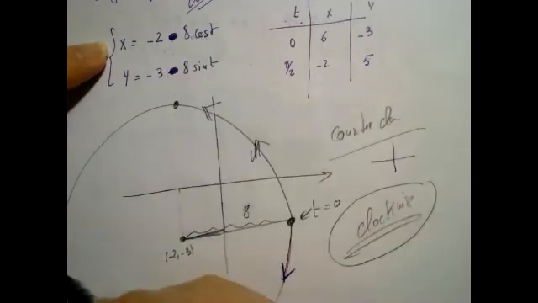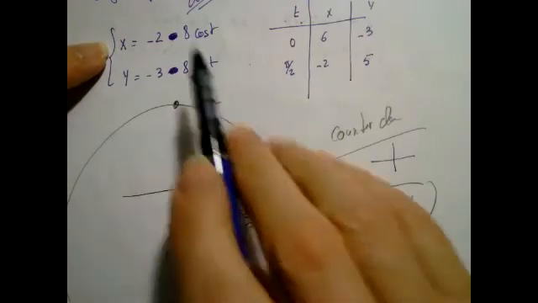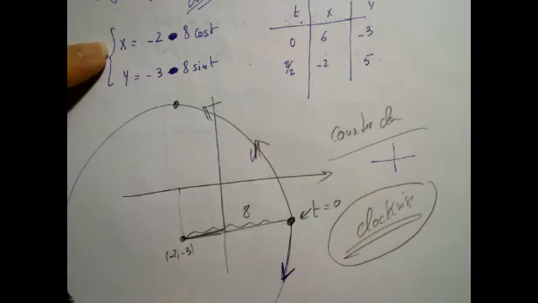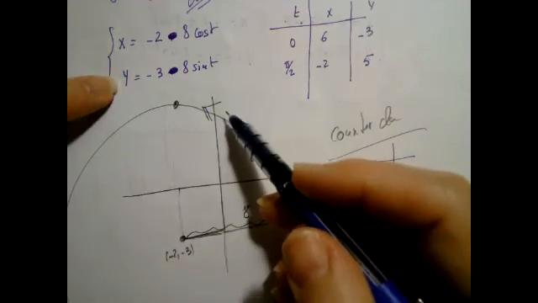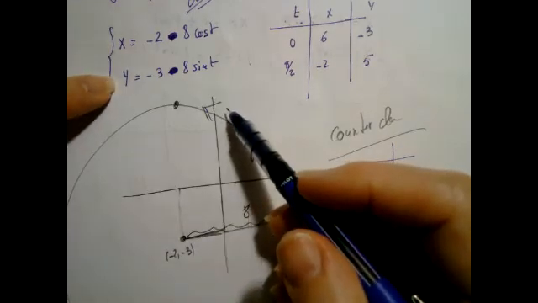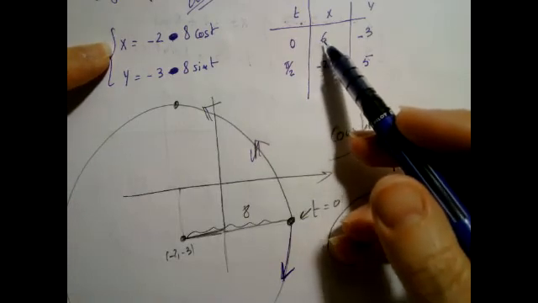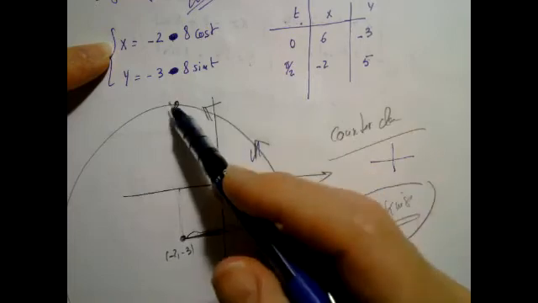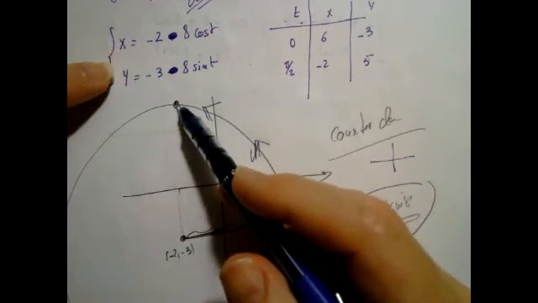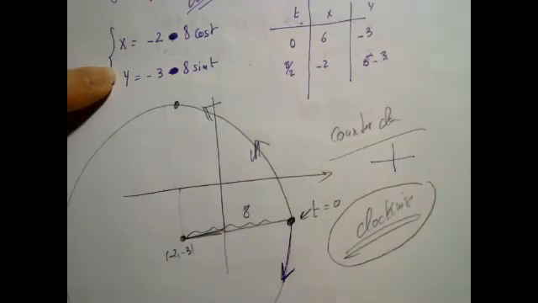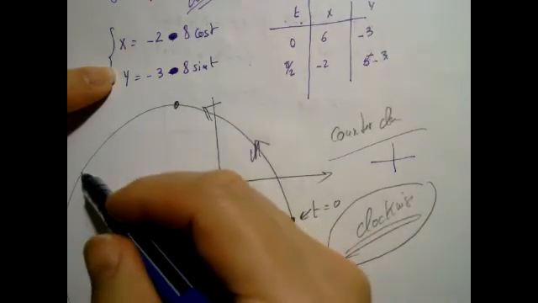If I put minus cosine, I'm going to start right here because at t equal to 0, I am here, minus 2, minus 8. It's going to put me right here. At t equal pi over 2, I am at minus 2 and minus 3. This is minus 3 here.